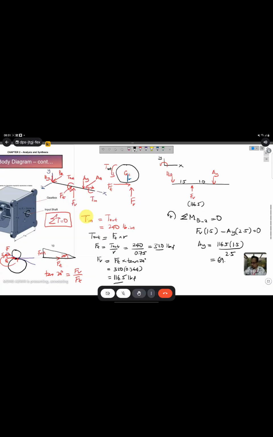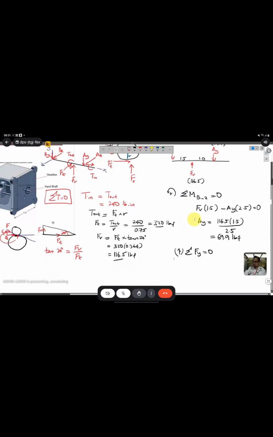116.5. So you will get 69.9. Then this one is Ay, 69.9. After that you can calculate your By. For By you can use the total force acting on Y equal to 0, and I assume upward is positive.